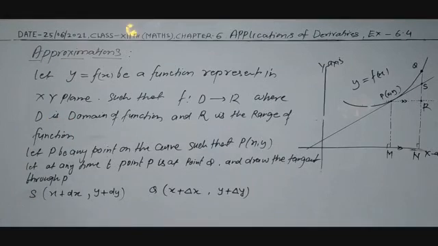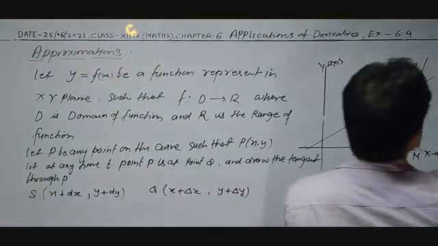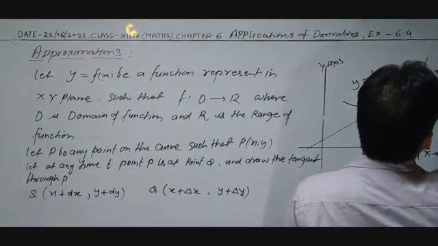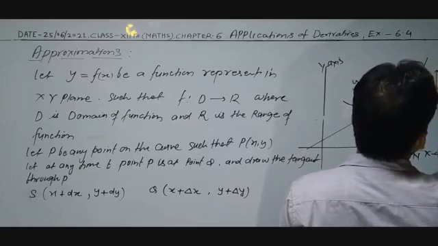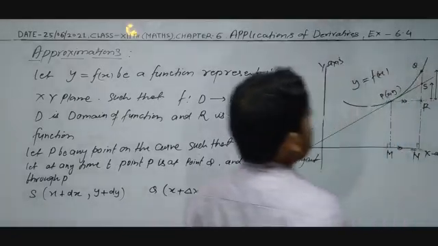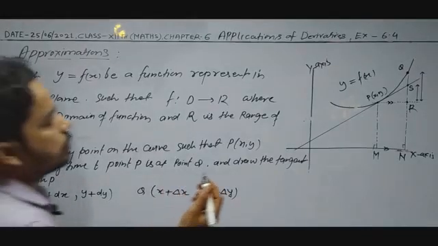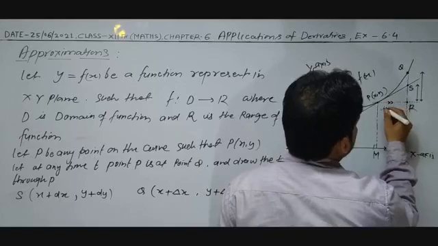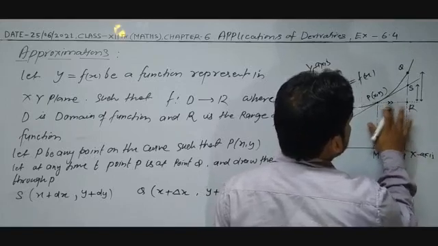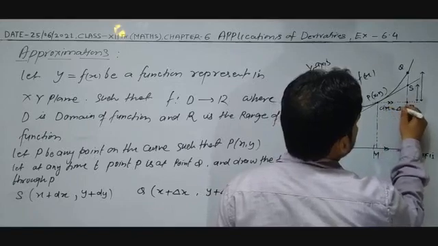SR and RQ, what you can write? The distance PR you can write dx, because this is the small change in x, and also you can write del x.